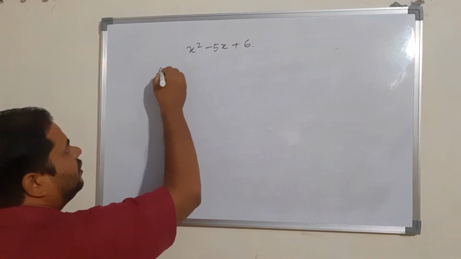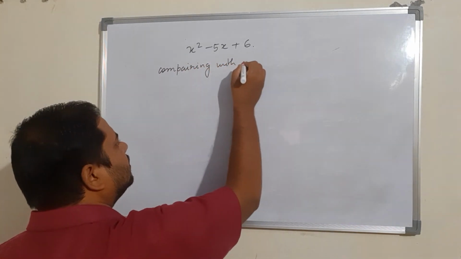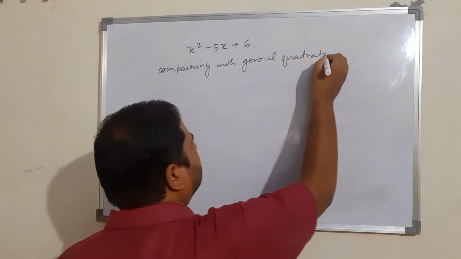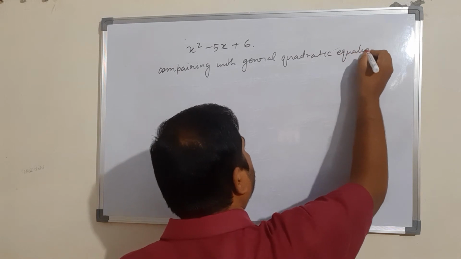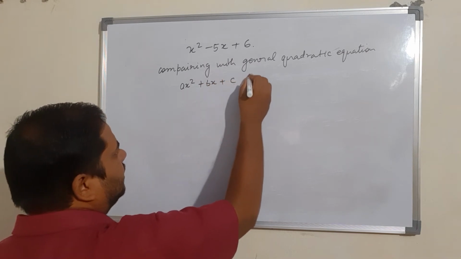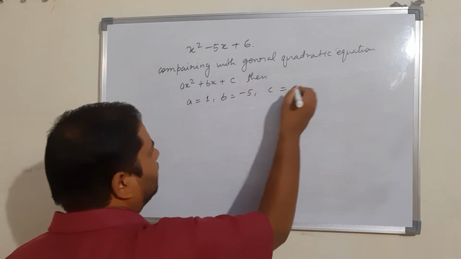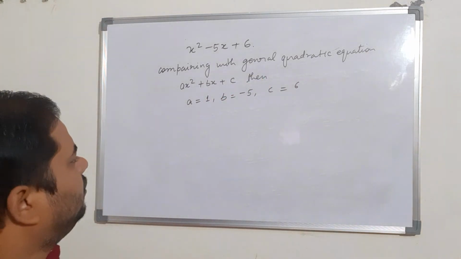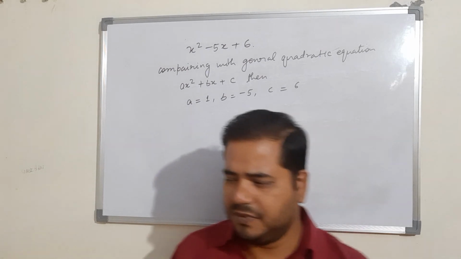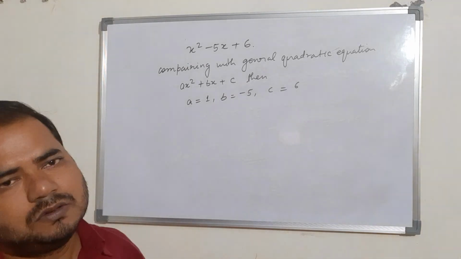In this case, first of all, comparing with the general quadratic equation ax square plus bx plus c, a is equal to 1, b is equal to minus 5 and c is equal to 6. First of all we find the zeros of the above polynomial by the factorization method, and we find the sum and product, and then find the sum and product by the formula.